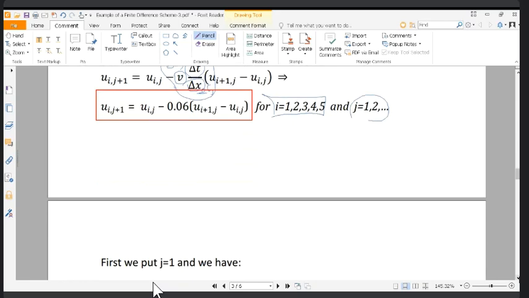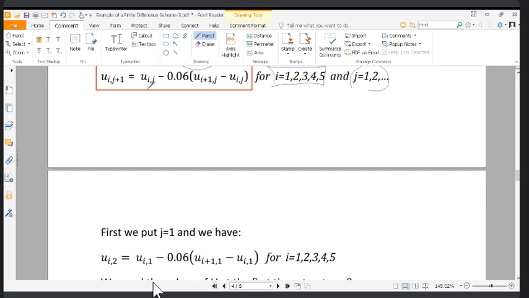First we put j equal to 1. Please replace j with 1. When we put j is 1, we have u(i, 2) = u(i, 1) - 0.06 (u(i+1, 1) - u(i, 1)).